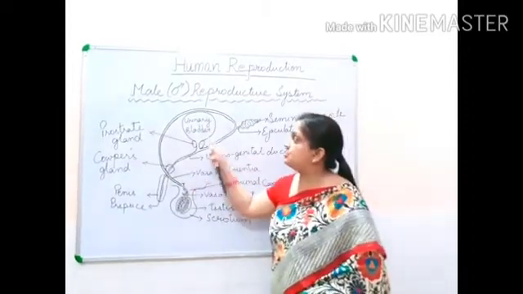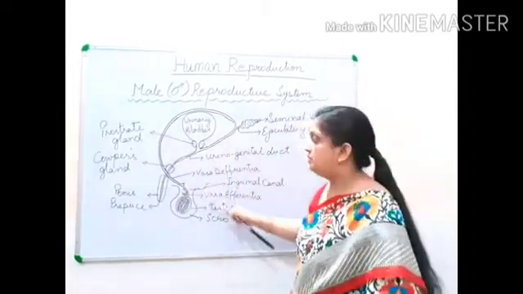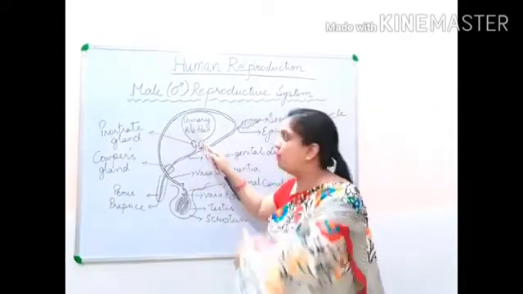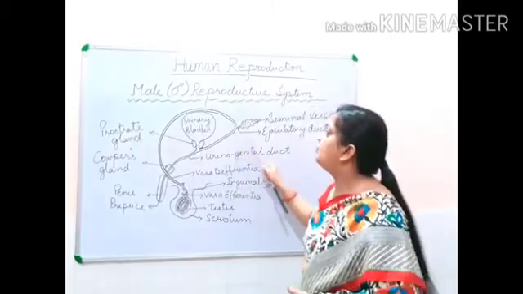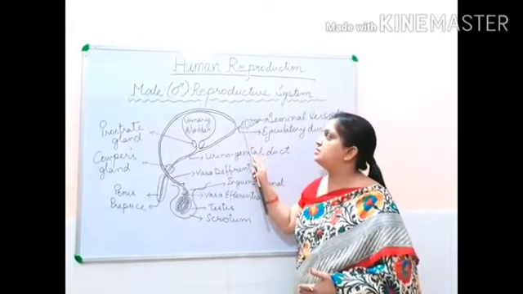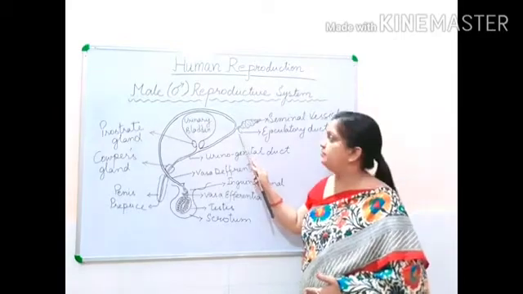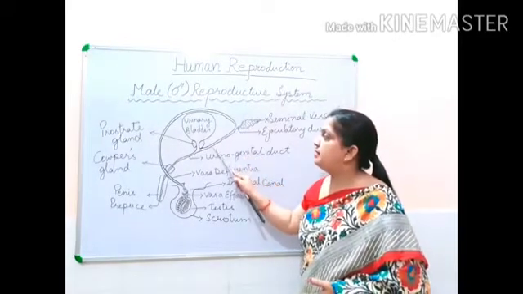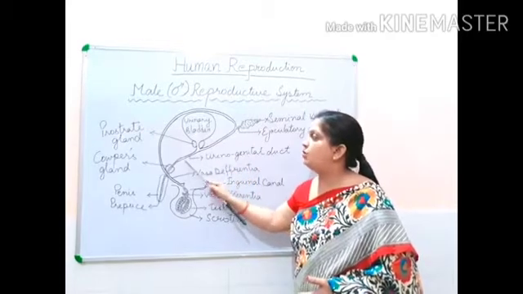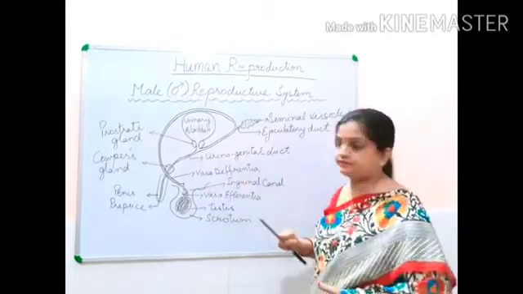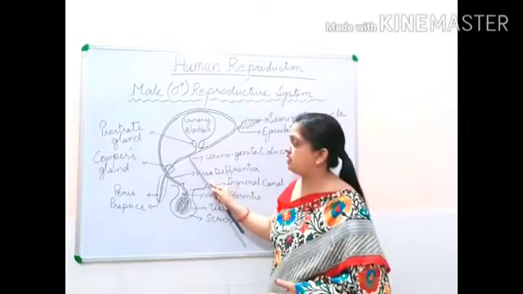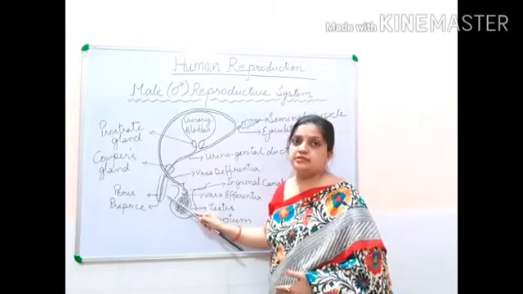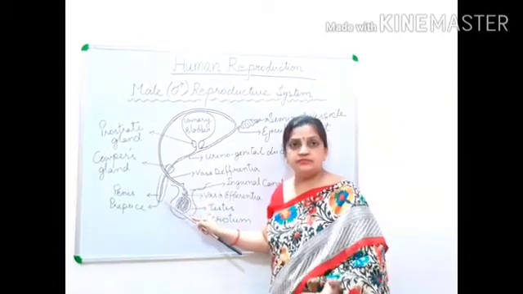So this should be paid attention to: the vasa deferentia crosses from the top of the urinary bladder and opens into the seminal vesicle. Now this vasa deferentia coming here opens into a duct called urinogenital duct. Now this urinogenital duct is opening into the penis, which is the external genitalia part of the male reproductive system.